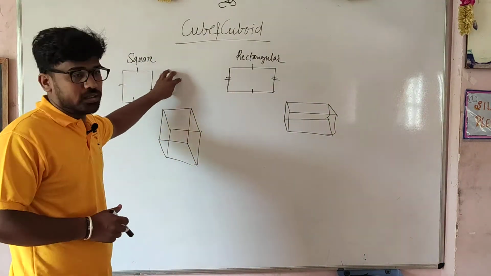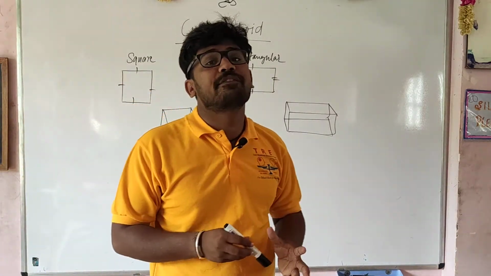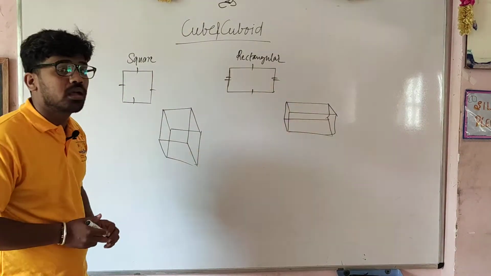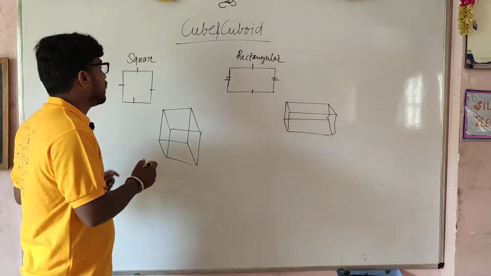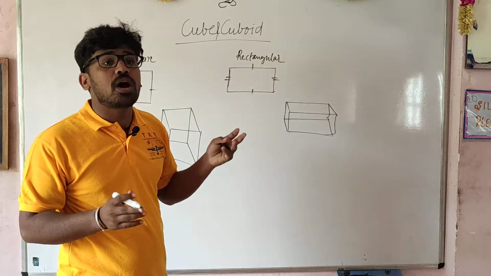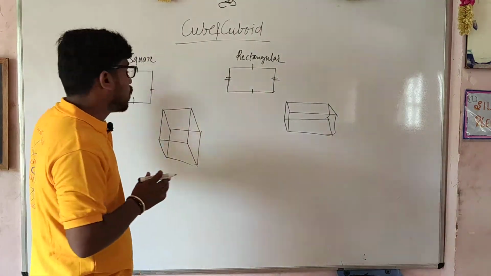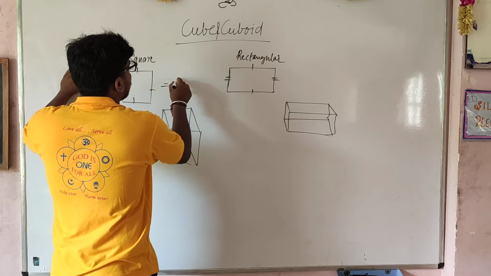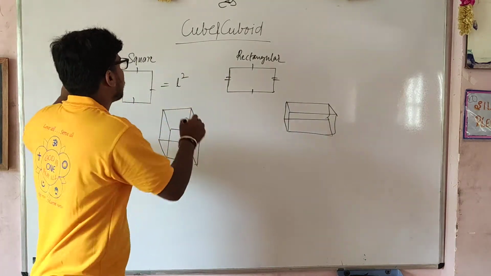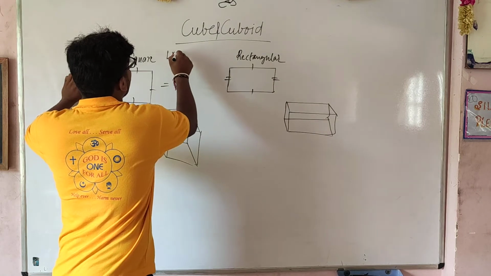Now let us come to squares. How do you find the area of a square? What is the formula? Area of a square is L into B, length into breadth. Here the length and the breadth are the same, they are equal, so we can write it as L square. In the rectangle, it is the same, length into breadth.